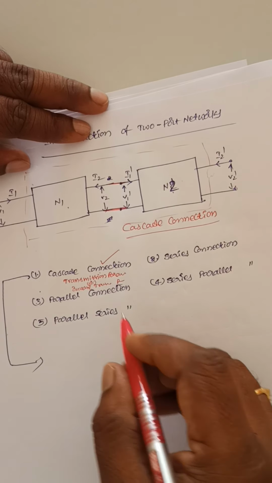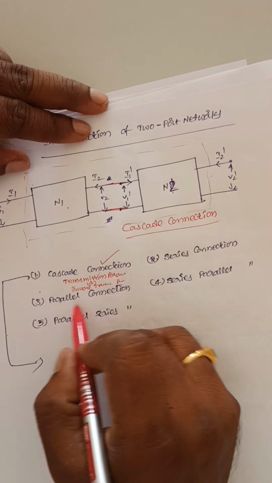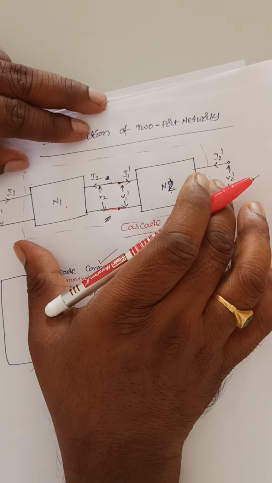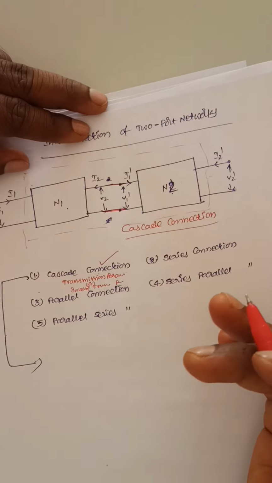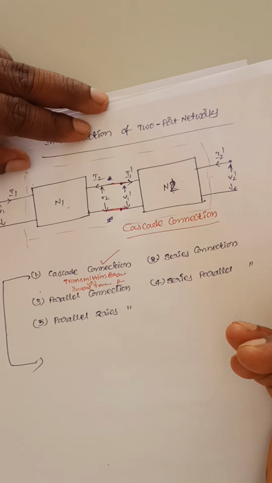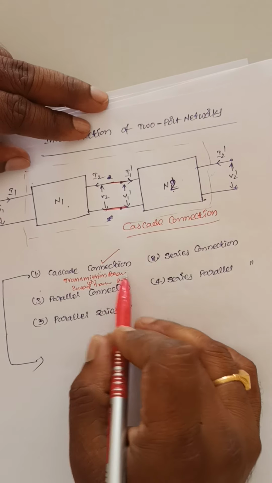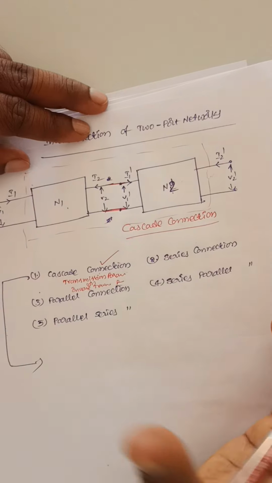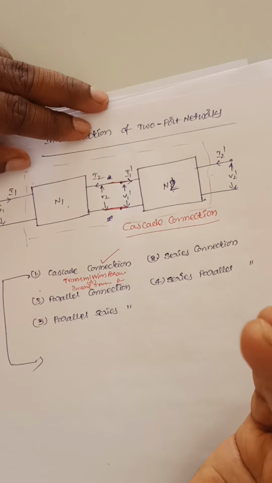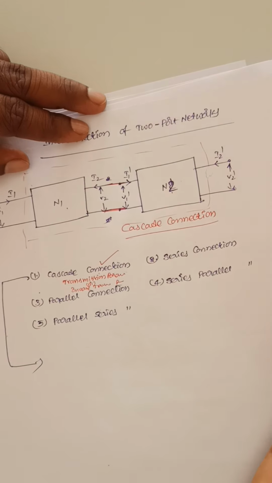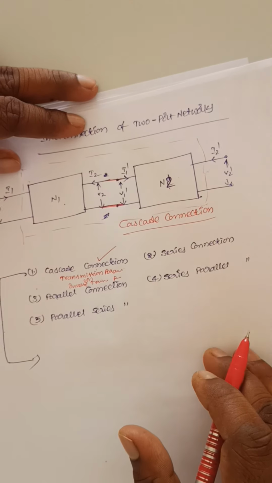Because calculating the transmission parameters or inverse transmission parameters for this type of connection is easier when compared to calculation of Y, Z parameters and hybrid parameters. Once you are able to find these transmission parameters, by using the interrelation between the other parameters, you are able to find Y parameters, Z parameters, hybrid parameters. Inverse of hybrid parameters also can be calculated.